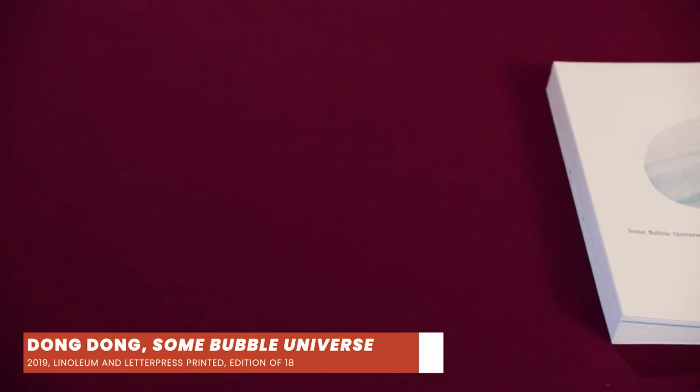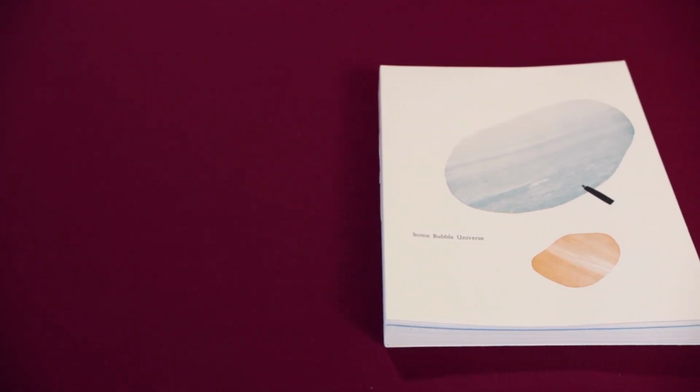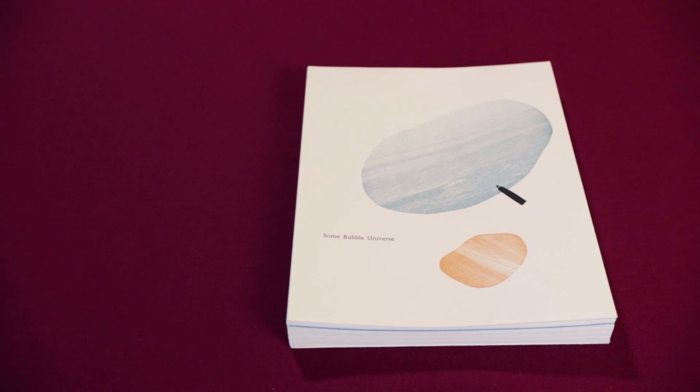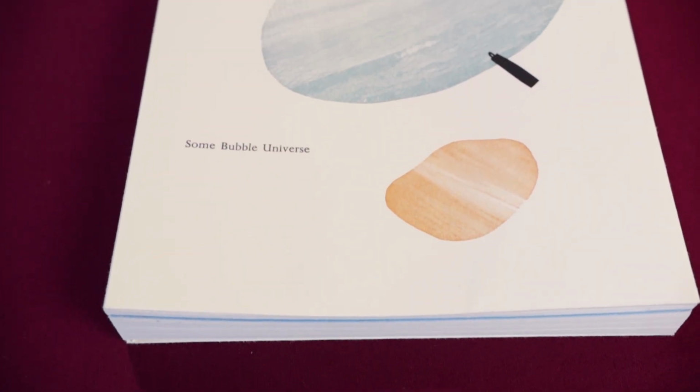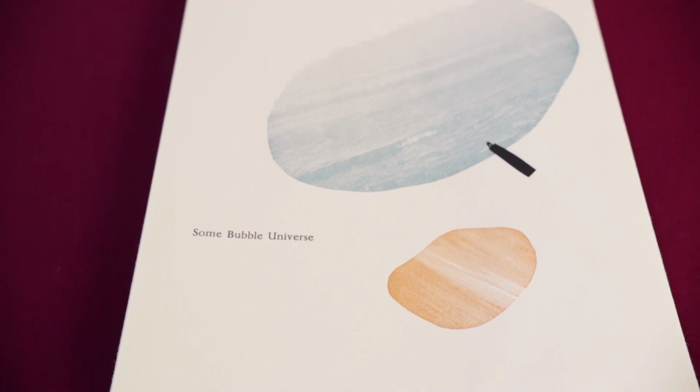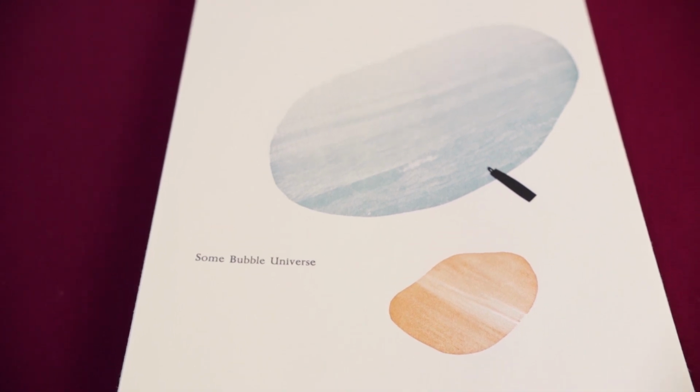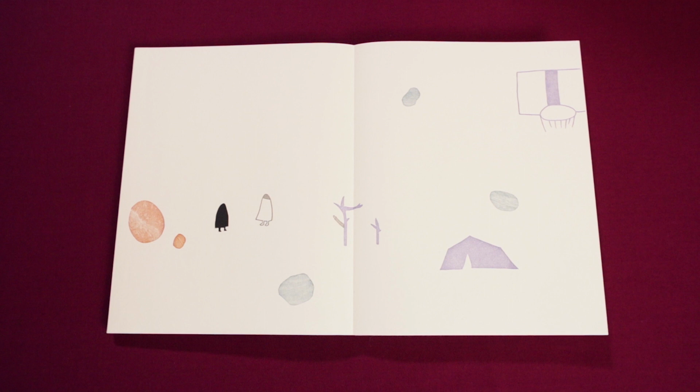When creating this book, Dong was inspired by two distinct influences. One was inflation theory, which describes a brief era of rapid and exponential expansion in the early universe. Mathematical predictions suggest that such inflation could also randomly settle and form bubble universes.